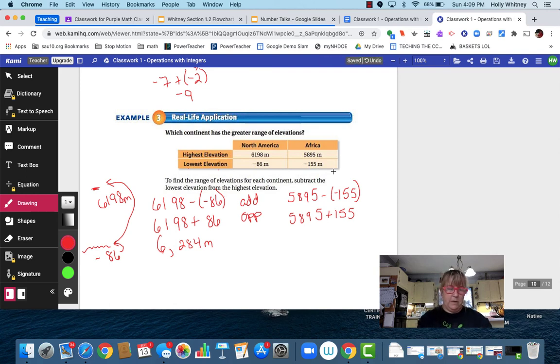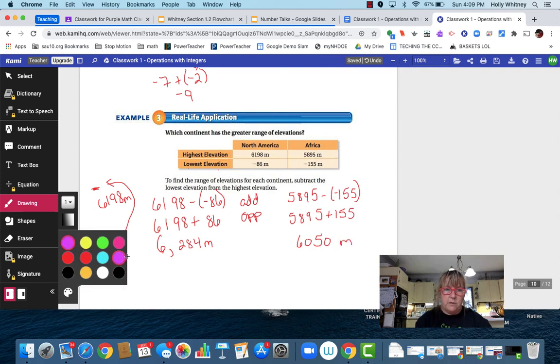Again, I'm going to use my calculator. 5,895 plus 155, I get 6,050 meters. So it turns out that the greatest range of elevation is in North America because that number is larger than that number. And I believe that's it.